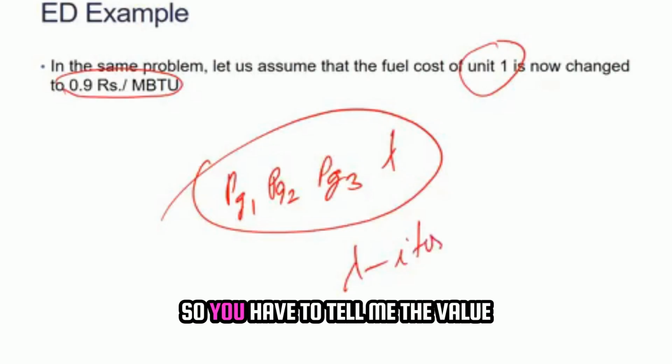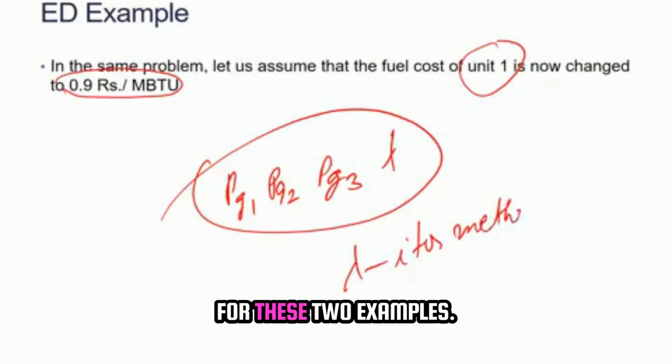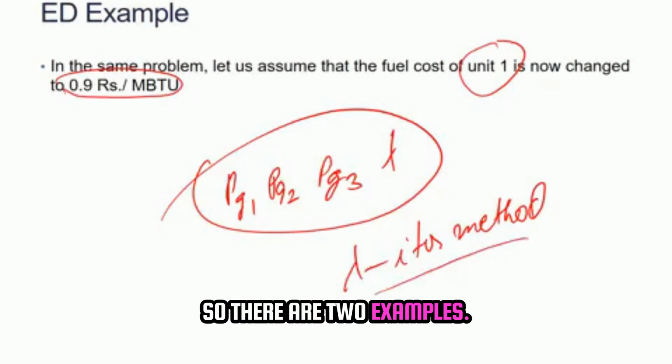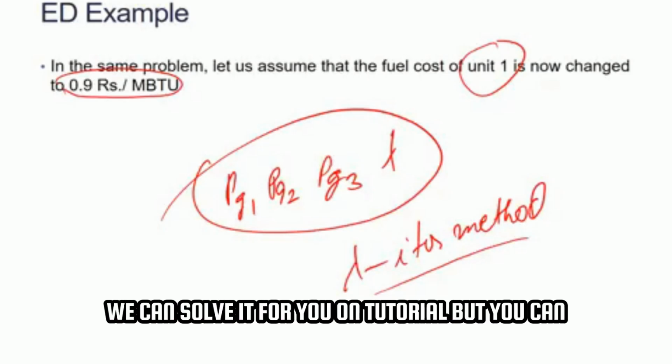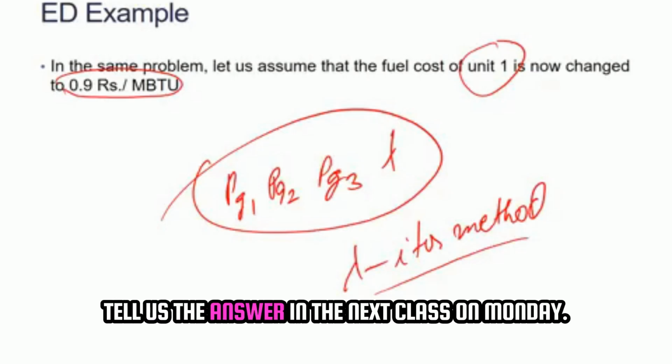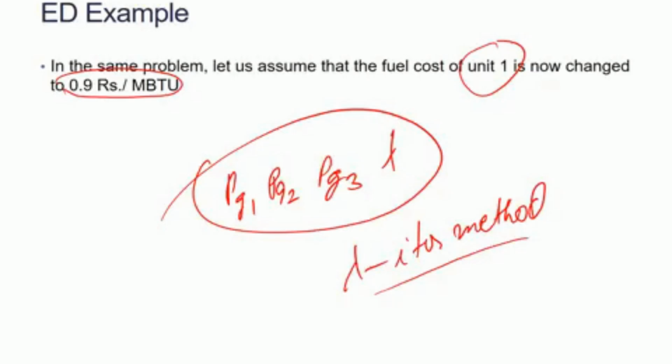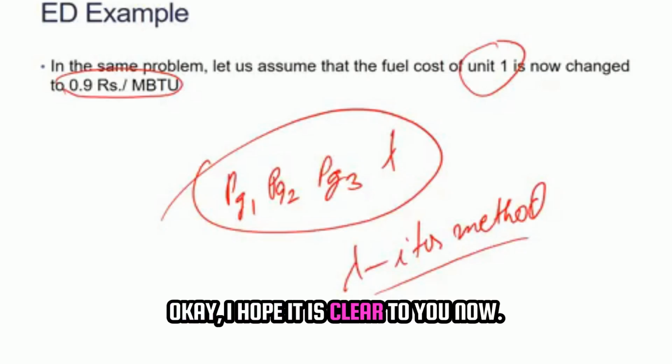So you have to tell me the values for these two examples. Though there are two examples, both will obviously have different solutions. Let me know in the next class, are you able to solve it or not? Otherwise we can solve it for you in the tutorial, but you can tell us the answer in the next class on Monday. Okay, I hope it is clear to you.